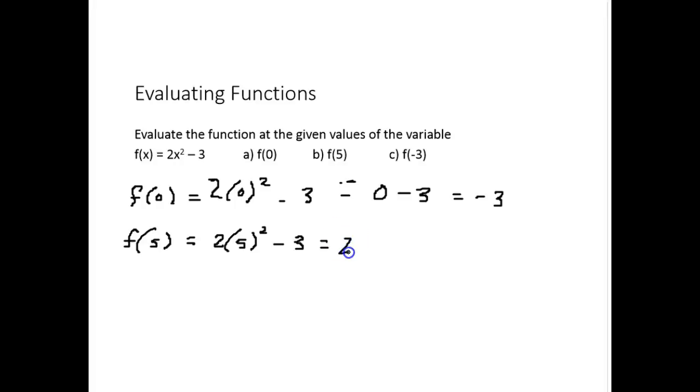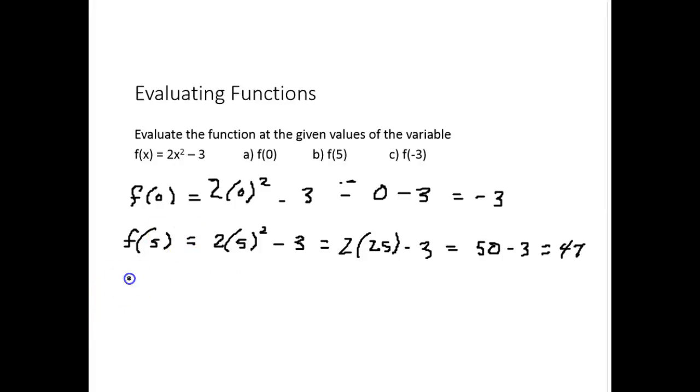So first of all, I square my 5. 2 times 5 squared. 5 squared is 25. 2 times 25 minus 3. 2 times 25 is 50 minus 3 equals 47. So f of 5 is 47.